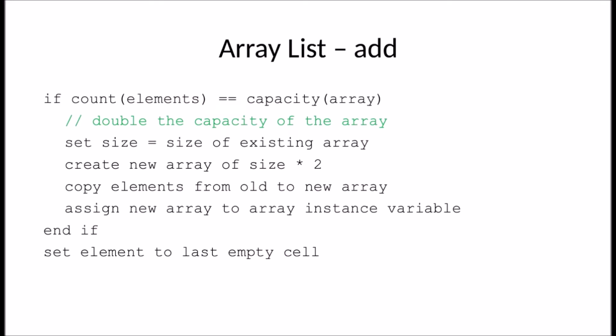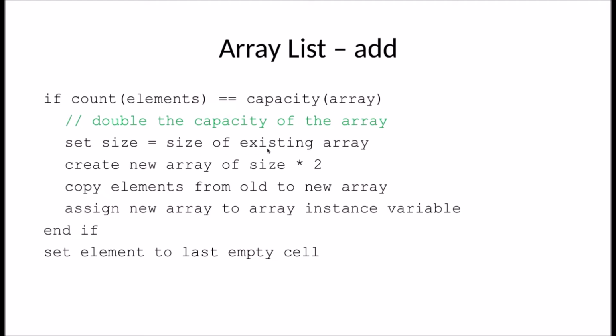This is pseudocode that expresses the logic of what the add function does. There's one special case which checks if the array is full. This is done here, counting the elements or getting the size of the array and comparing it to the capacity. If this is a match, the array is full and a new array is created of double the capacity.